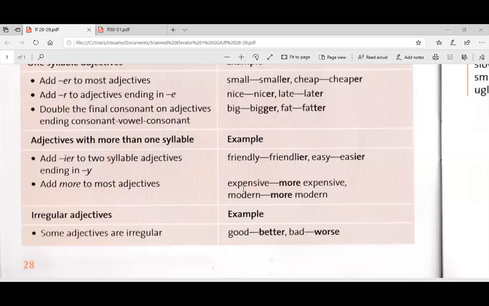In this case, you don't have to add ER. You have to use the word more. So when you say expensive, caro, to say más caro, you say more expensive. And if you say moderno, modern, you go more modern. When you have two syllables, that's what you need to understand.